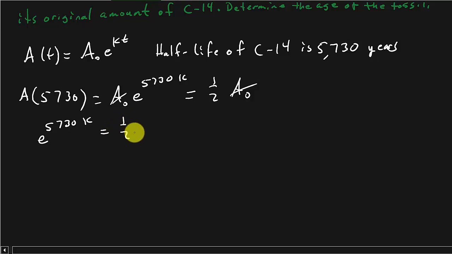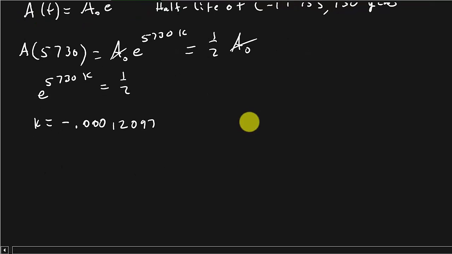We take the natural log of both sides, just like we did in the previous two problems, and we end up with k equal to negative 0.00012097. So there's k. That gives us A of t equals A naught e to the negative 0.00012097 t. So there's our function.